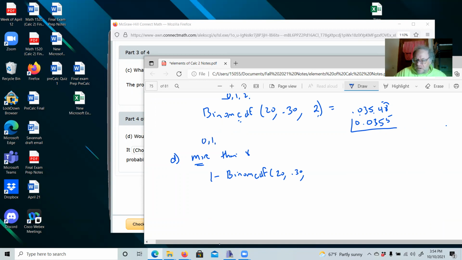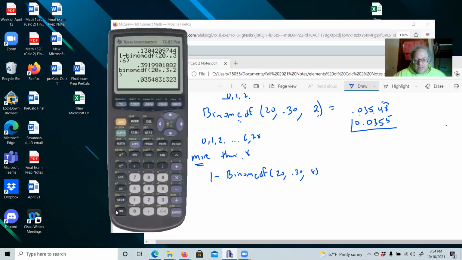So here we have 0, 1, 2, up to 6, 7, 8. These are the numbers that I'm going to calculate, because 1 minus this probability is going to be more than 8. So that's how we'll type that in. We want 1 minus second function, distribution, CDF, and we're going to do 20, comma, 0.3, comma, 8.